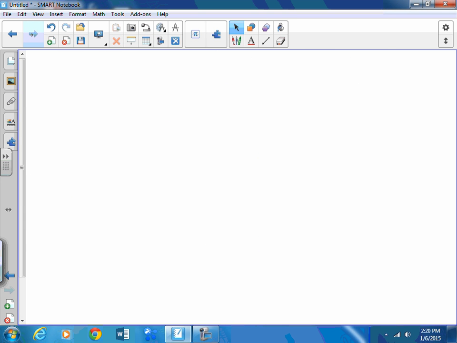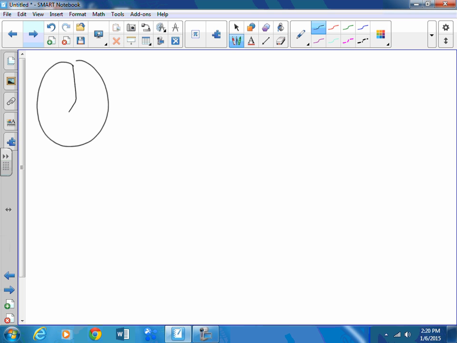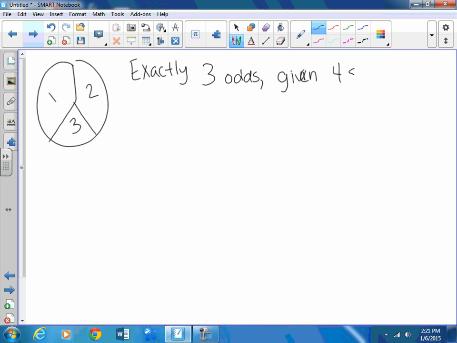All right, I'm going to go ahead and do the probability of getting exactly 3, and then we will move on. Okay, so I'll drop my spinner again. Exactly 3 odds given 4 spins.